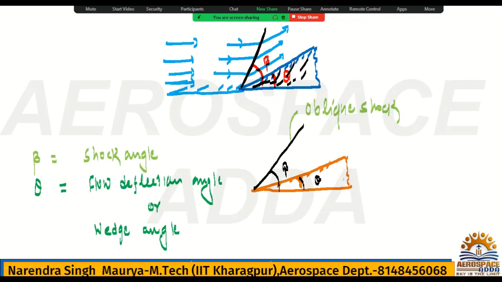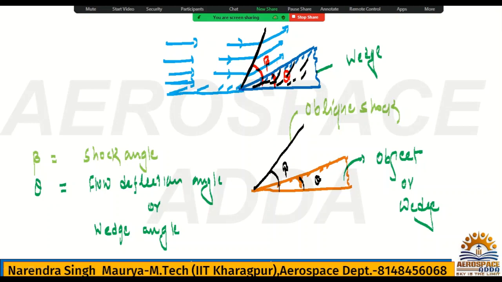I told you this is the object, but many times I have used the word wedge. This is also called a wedge, an inclined wedge. So this inclined wedge angle is theta. And it is called the flow deflection angle because the flow will be deflected by this angle theta only.